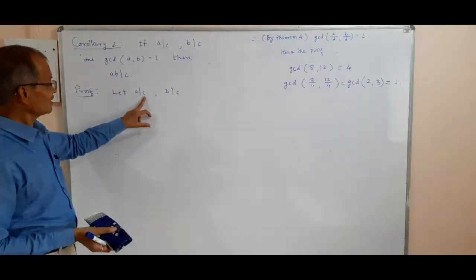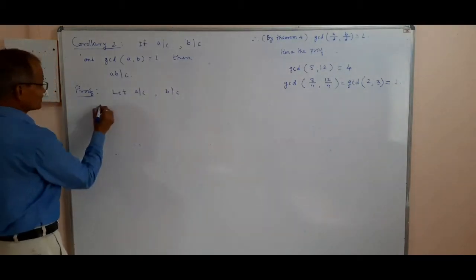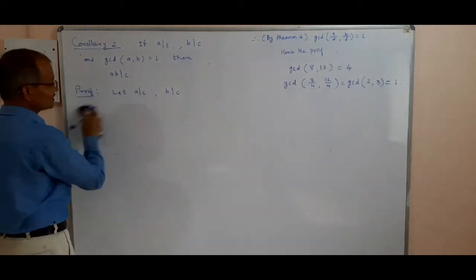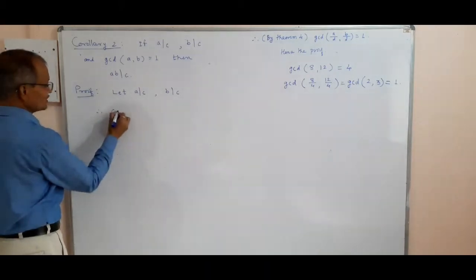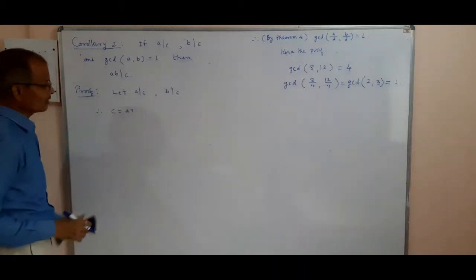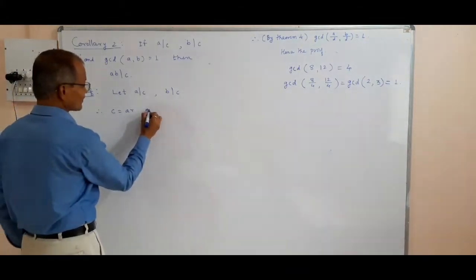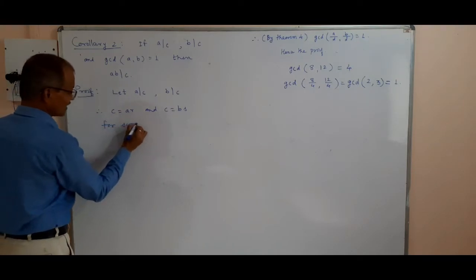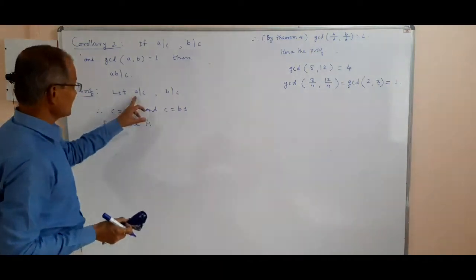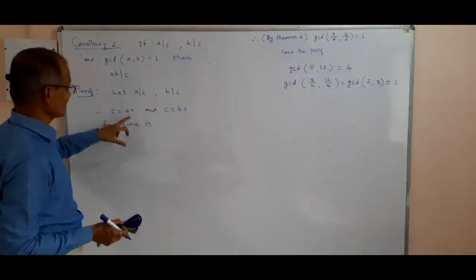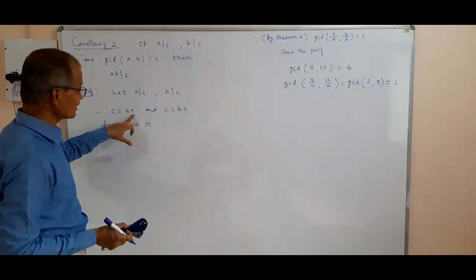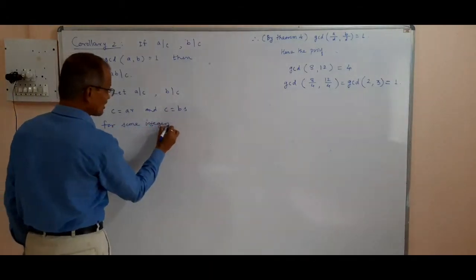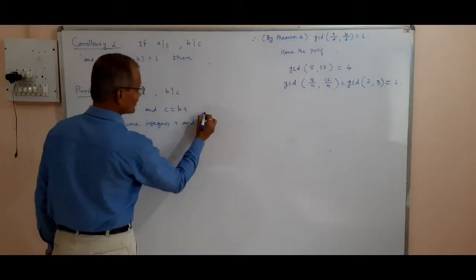If A divides C, C is a multiple of A. So therefore there exist integers, or we can write directly, this implies C is equal to A into R, for some integer R, and C is equal to B into S for some integers R and S. Definition of divisibility: if A divides C, we say C is a multiple of A, means A into some number R. We are considering R and S here instead of X and Y. So for some integers R and S, we refer to this as 1.